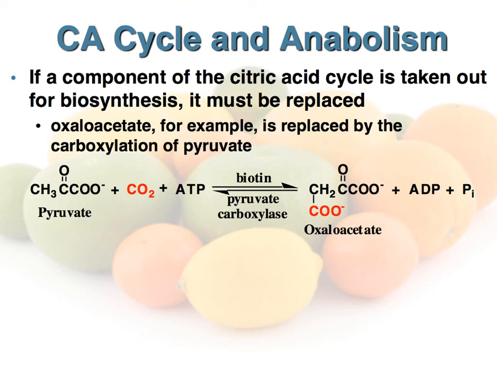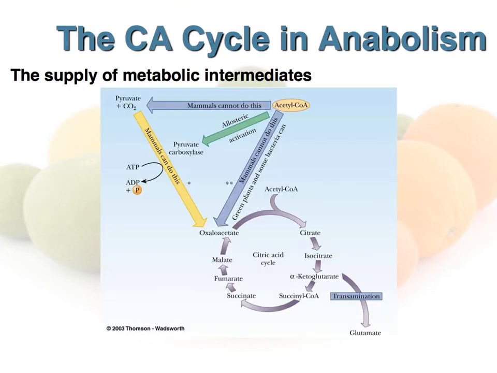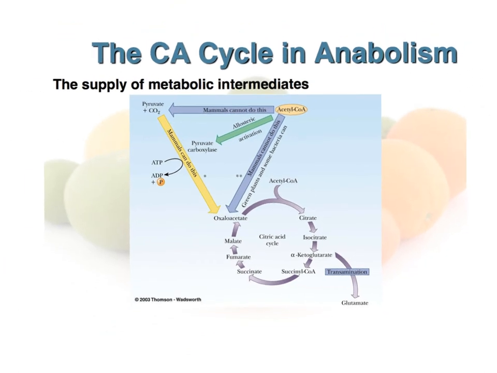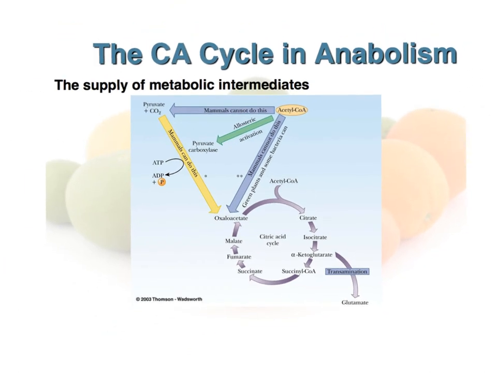This is pyruvate carboxylase. Just to show you from before. That was another example of anabolism. Remember, catabolism is breaking down, anabolism is building up. This one is one of the cartoony ways of showing that same thing.